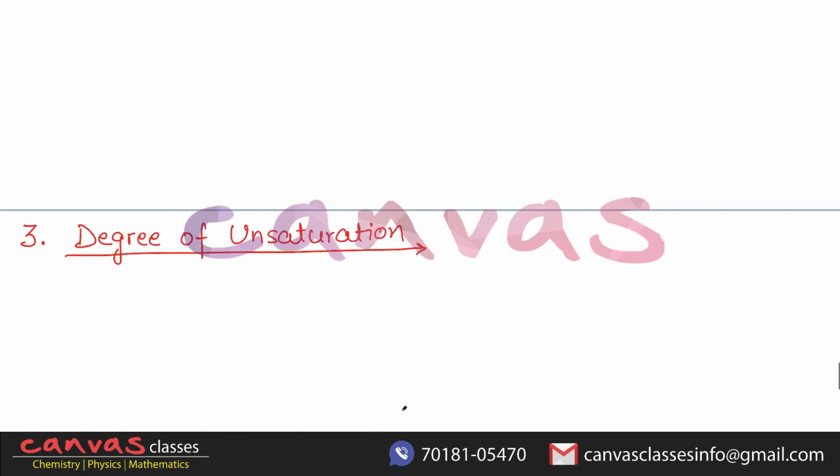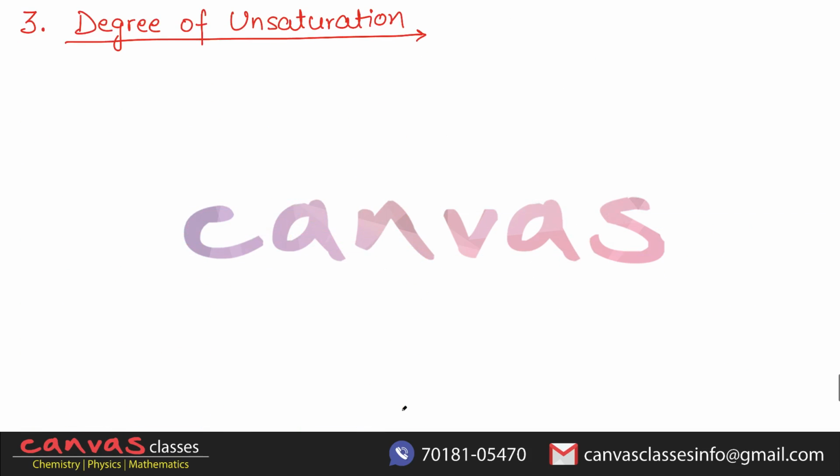Now in the next lecture, we will be discussing calculating the degree of unsaturation and its usage while solving problems of calculating the total number of isomers. So this knowledge of degree of unsaturation will be very useful while drawing all the possible isomers for a particular molecular formula.